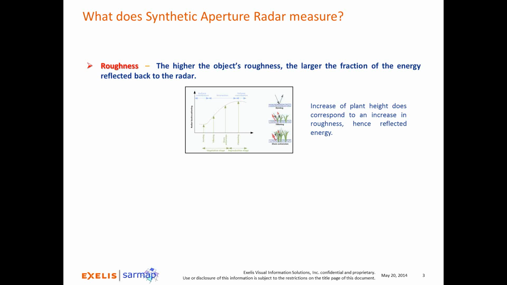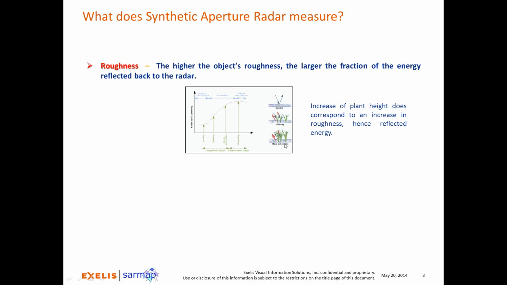Of course, the first one is roughness. So the higher the roughness of the object that we are illuminating, the stronger the radar backscatter. That means that if we have a very smooth terrain, of course we will get almost no reflection back.